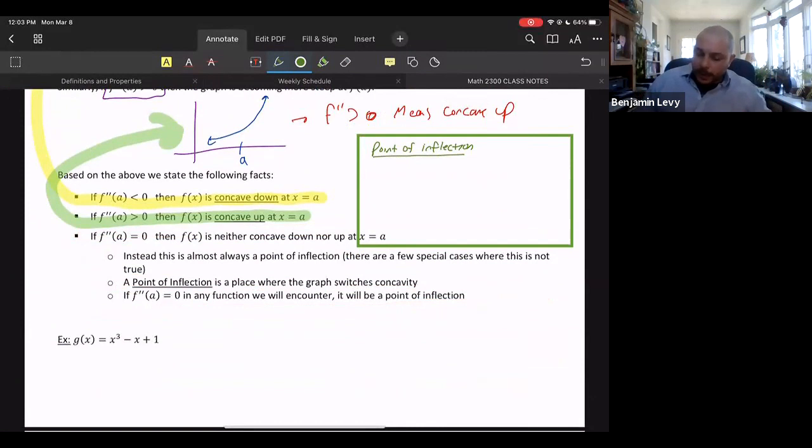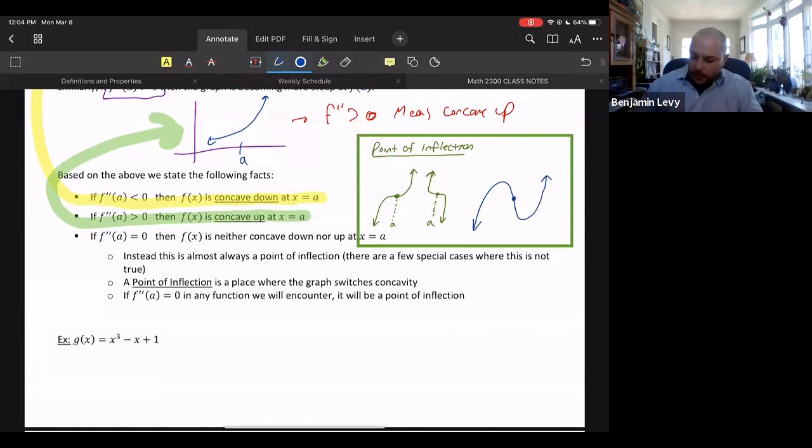So a point of inflection could be like this, or like this. These are the ones that are on the first page. But it doesn't have to be like that. And the reason I want to draw a second one is because sometimes points of inflection can look like something like this, for example.